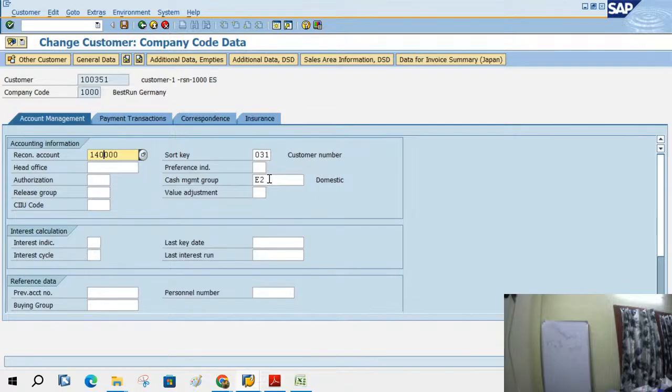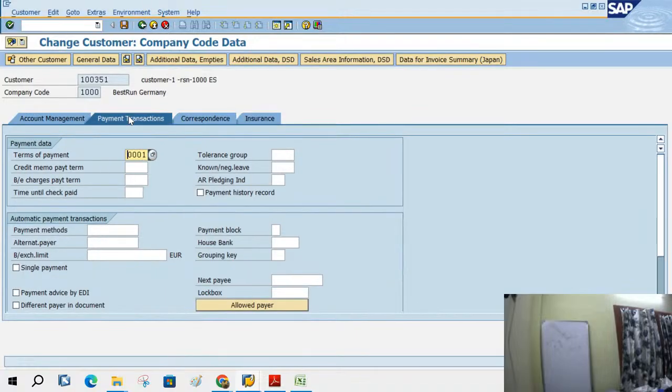So I'm not able to enter this field if I have not created the reconciliation account. Yes or no? So what you have written: company code data, part 2A, account management tab consultant work. In that you have three sub things: define reconciliation account, define sort key, define cash management group.